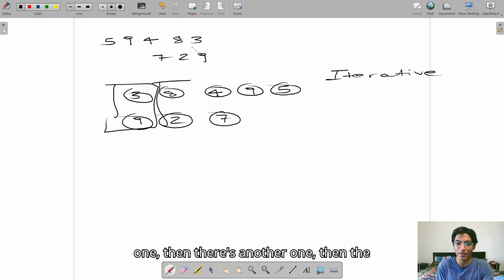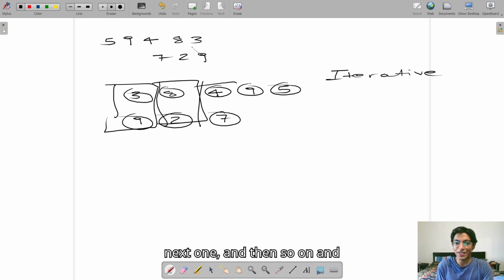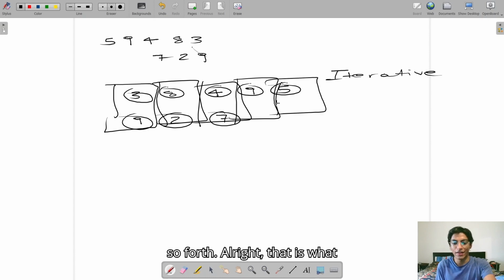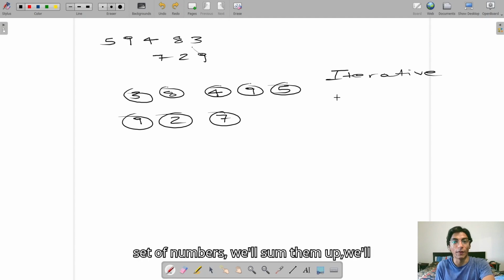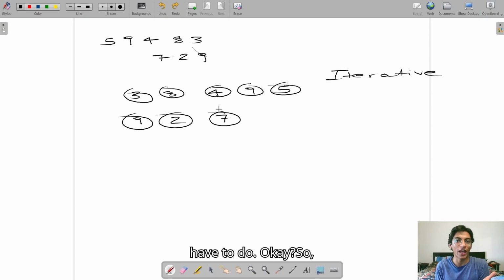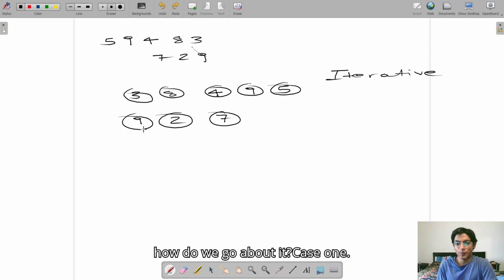There is one, then there is another one, then the next one, and so on and so forth. We'll iterate over each set of numbers, sum them up, and go on to the next one. That is what we have to do. Okay. So how do we go about it?